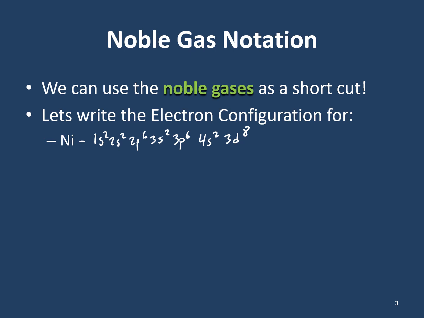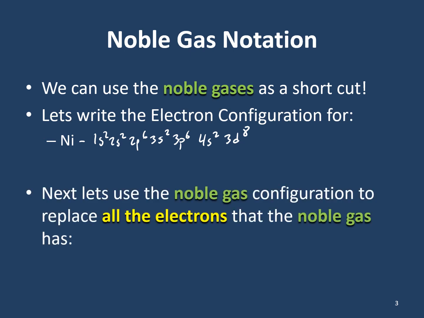That's great, but now let's write out the electron configuration of the noble gas previous to nickel. The noble gas in the row before nickel is argon.